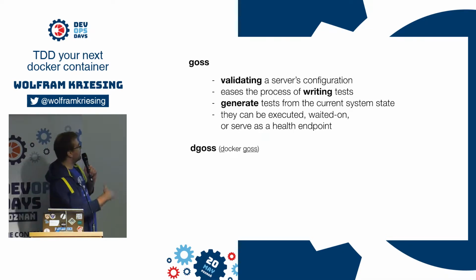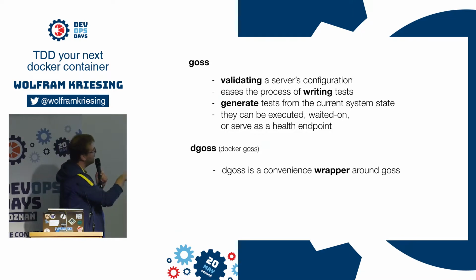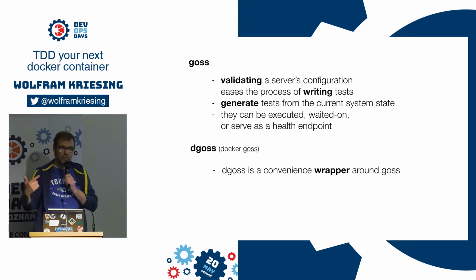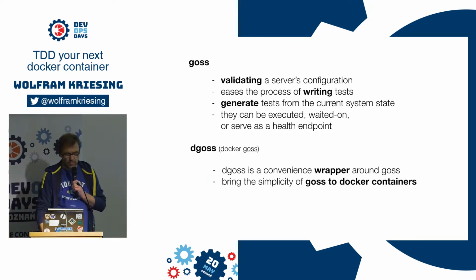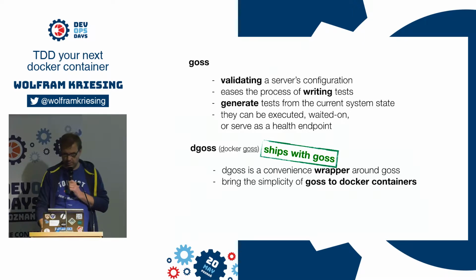They can be executed, and also use the health points, which I think is quite cool. And dgoss is what we need, which is a convenience wrapper around Goss. It's shipped with Goss, and it just brings the simplicity of Goss to Docker containers.